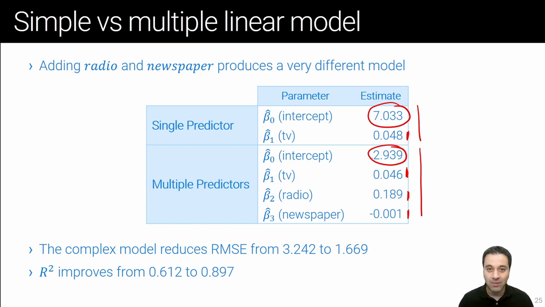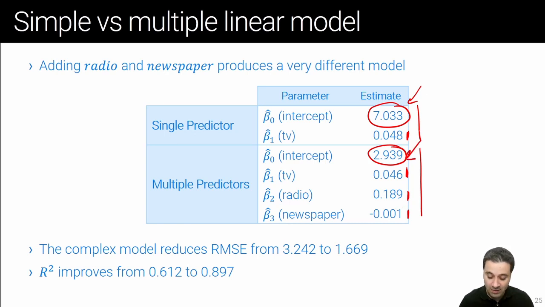So by modeling only the effect of TV, we saw that with no advertising, we would sell about 7 units. Now, what we see is that if we don't advertise on TV or radio or newspaper, we would sell only 3 units.